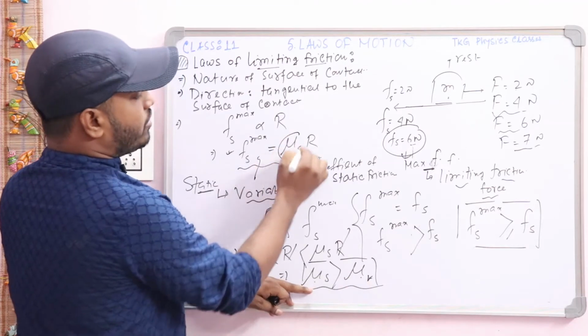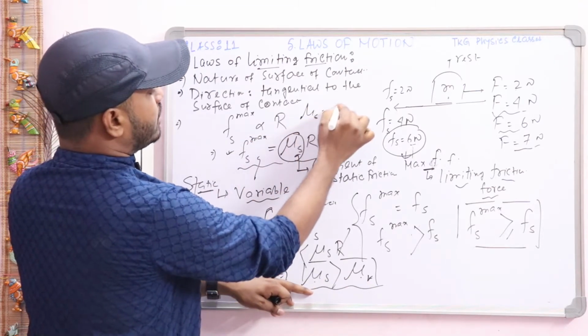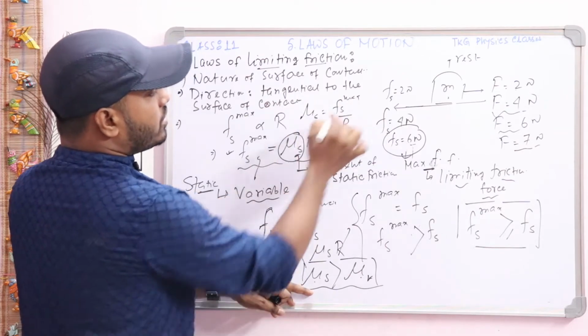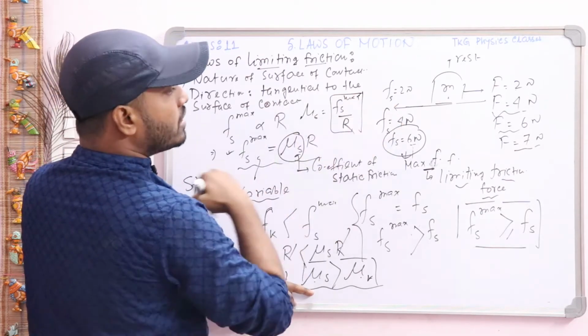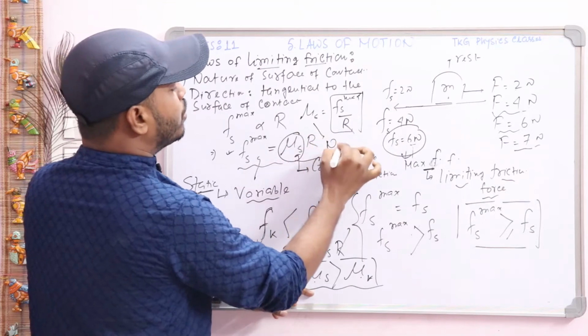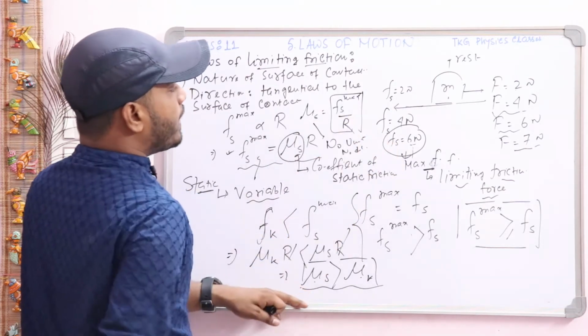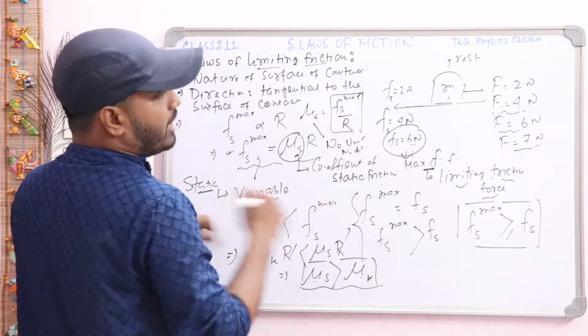And what is the relation of static friction? Static friction is equal to Fs max divided by R. So this is the ratio of two similar quantities, so it has no unit, no dimension. Okay, so these are the laws of limiting friction.